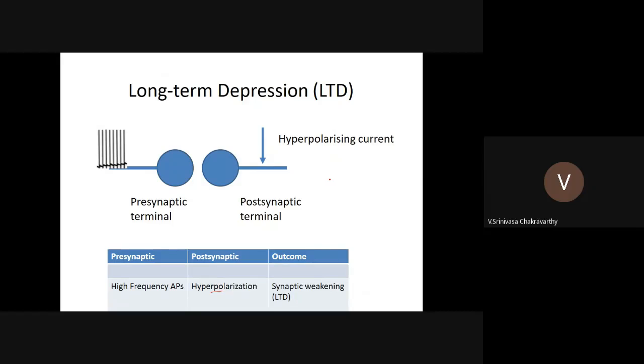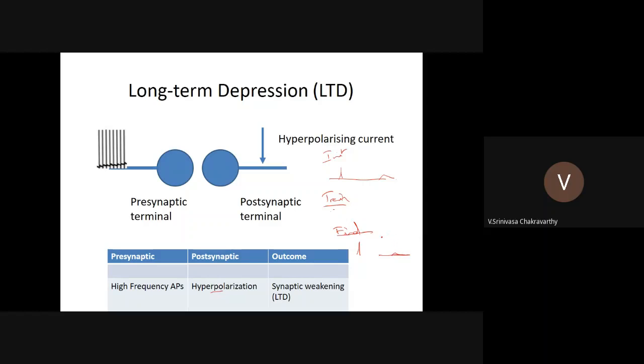Which means initially it has whatever response it has, then you have training, just like before, and then in the final, when you give the same action potential, the response is even smaller than before.